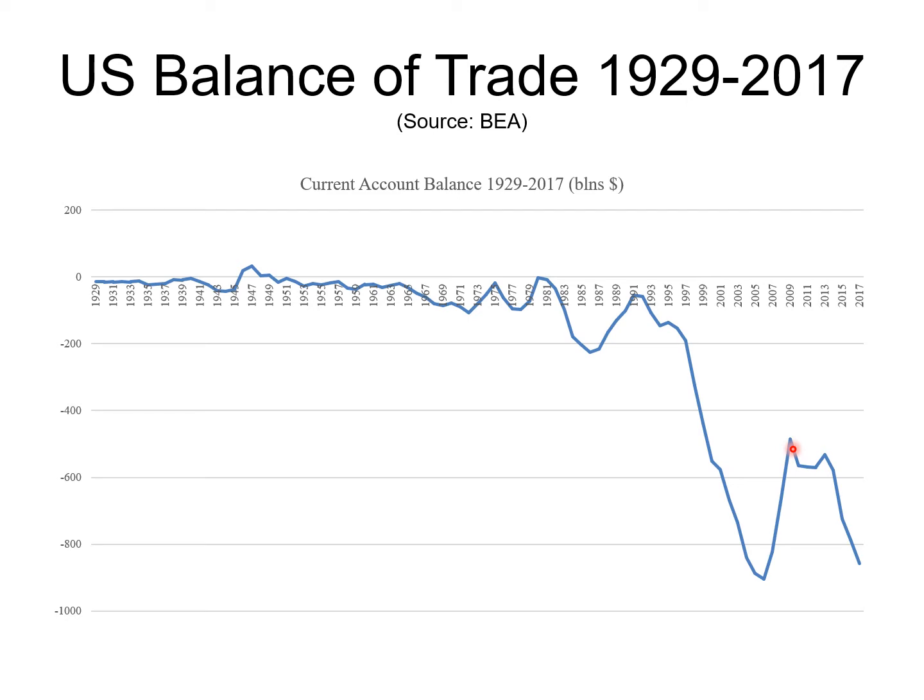Okay, the current accounts did better. And so now we have this period of growth where we're running these current account deficits, but the volume of trade is increasing. And so hopefully I've reiterated the point enough that what we're working with here is volume of trade, not direction of trade, for economic prosperity.